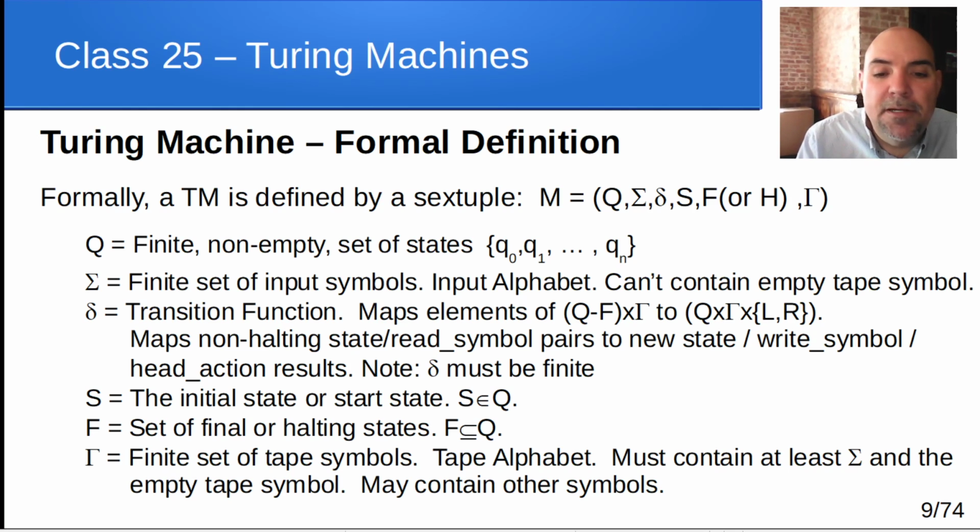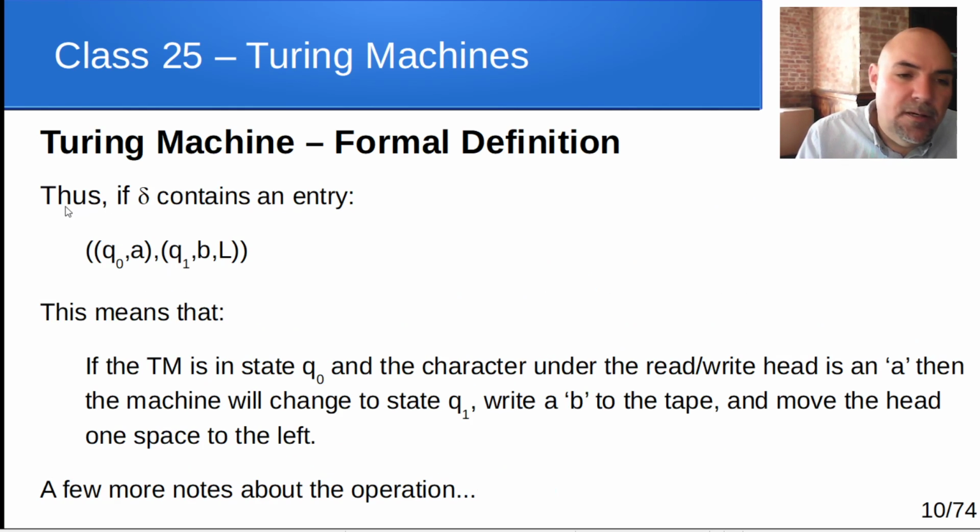Okay, so continuing on here, let's look at one of those transition function elements. If the transition function contains an entry Q0, A as the domain element, and the range element is Q1, B, L, then what that means is that if the Turing machine is in Q0 and there's an A under the read head, then the machine will change to state Q1.